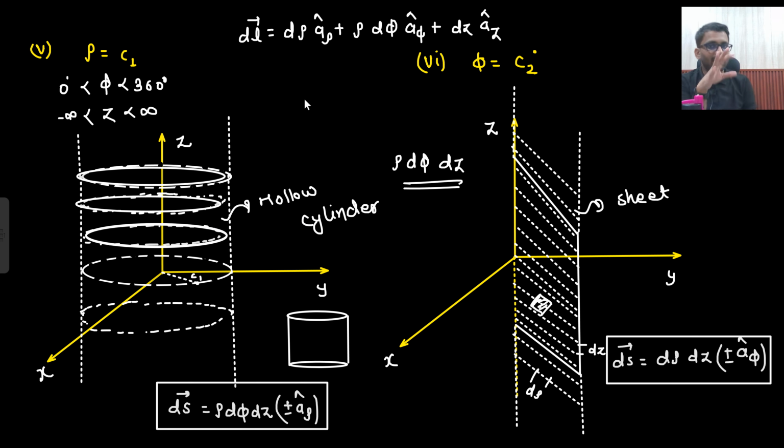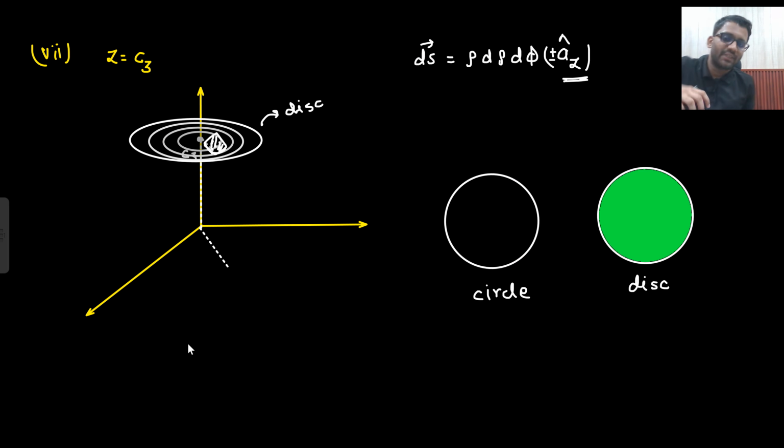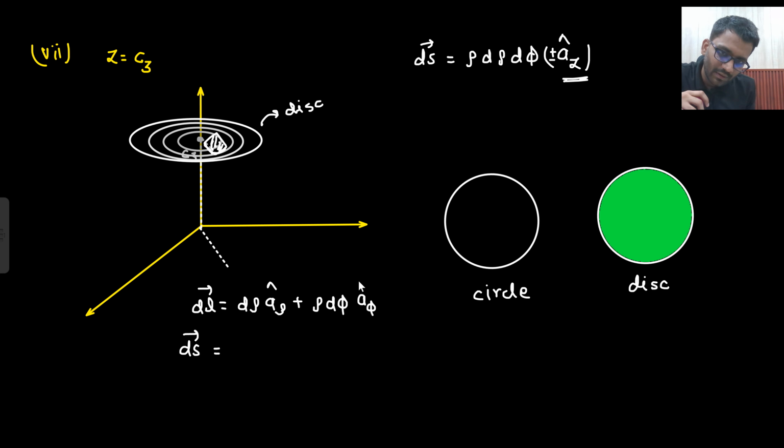If you have this dl, then you can write down all the surface areas, right? So let's write down all the surface areas. What is my dl? d rho in the rho direction, then rho d phi, then dz.